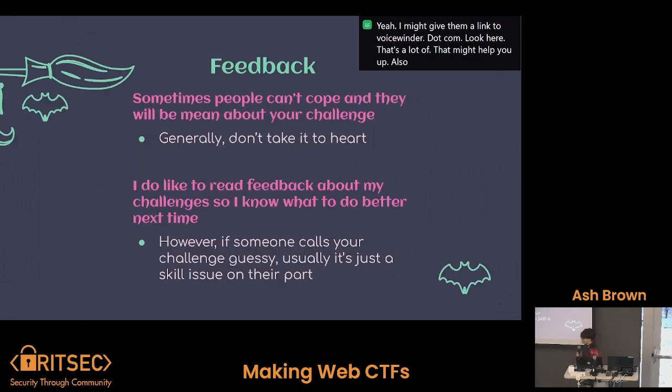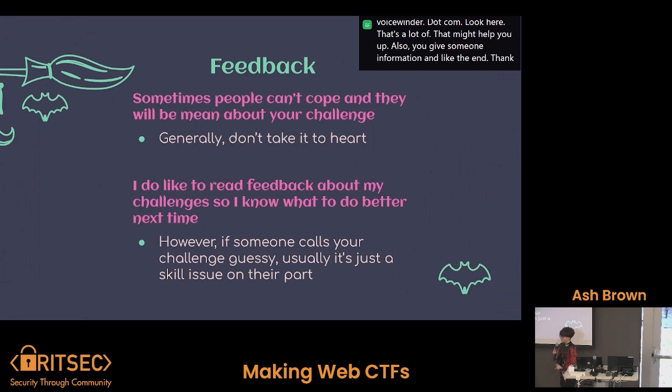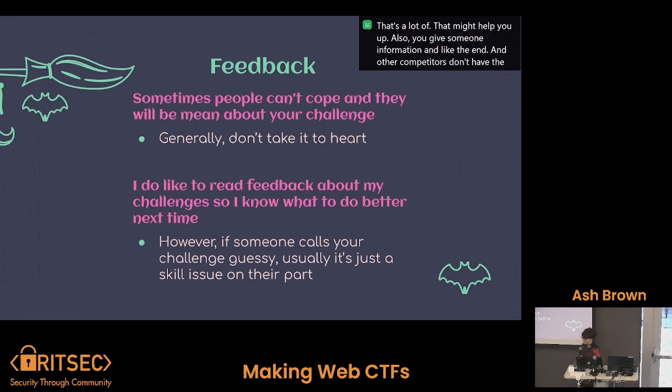Also, if you give someone information in DMs, and other competitors don't have this information, then I recommend giving that information in the channel, if the CTF has a Discord. Sometimes you can take screenshots or just repeat the information in a different message.